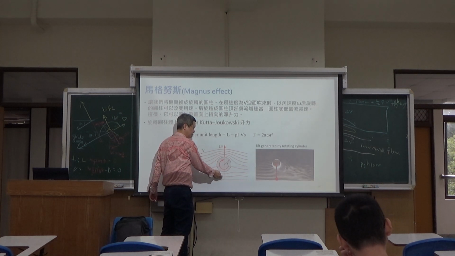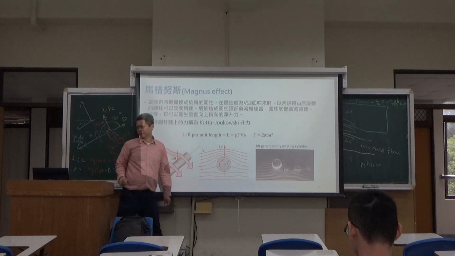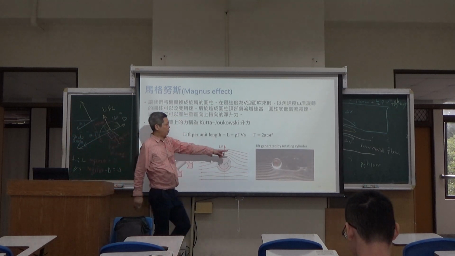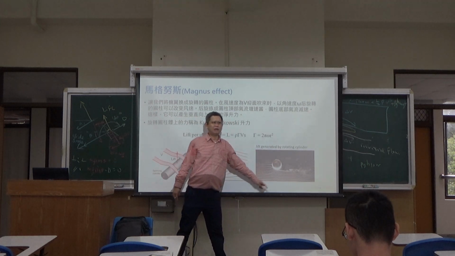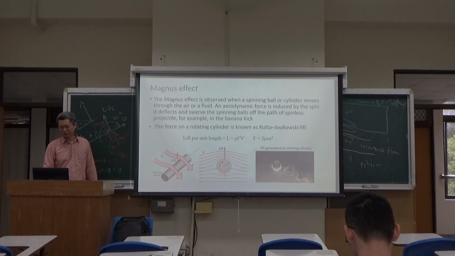And then negative surface speed, minus delta V, at the bottom. In this case, it is possible to speed up the top air but slow down the bottom air by circulation, or the so-called cylindrical rotation.